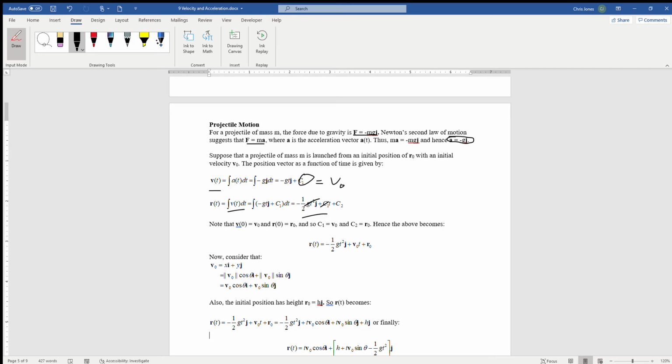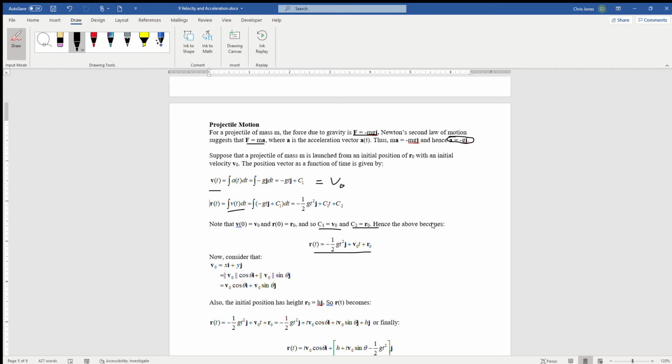We're going to be left with c2, and we're going to call c2 r naught, the initial position, or the initial height of this thing. Just keep in mind that that's where these variables are coming from as we go along. So we substitute back in, using c1 as v naught and c2 as r naught, and then we get this equation.